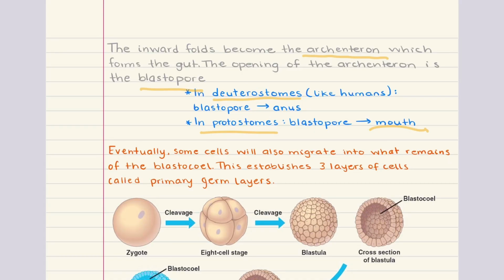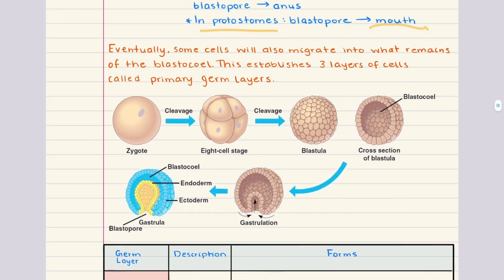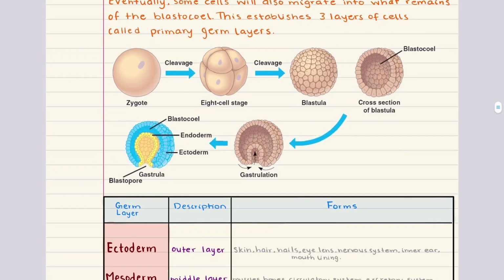This movement establishes 3 distinct layers of cells. These are known as the primary germ layers, and each one gives rise to specific tissues and organs in the body. Let's go ahead and walk through each of these 3 layers.